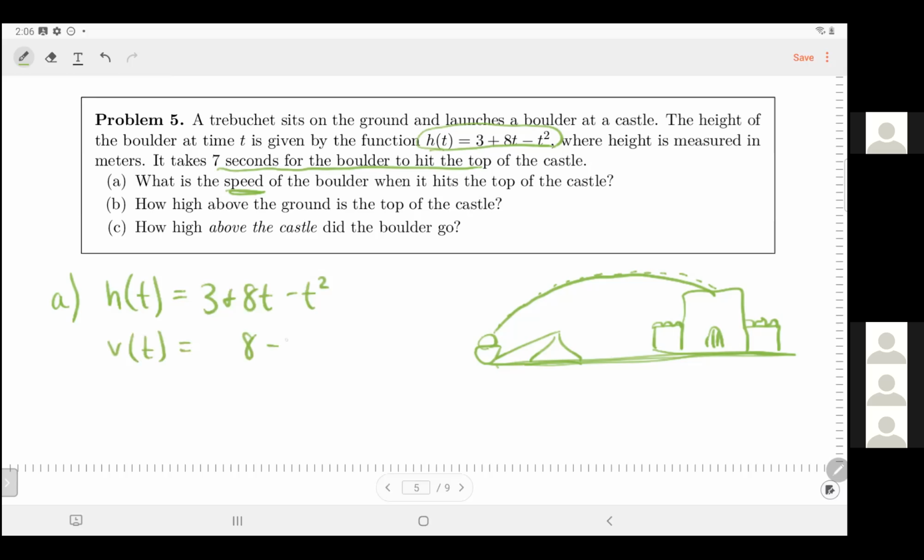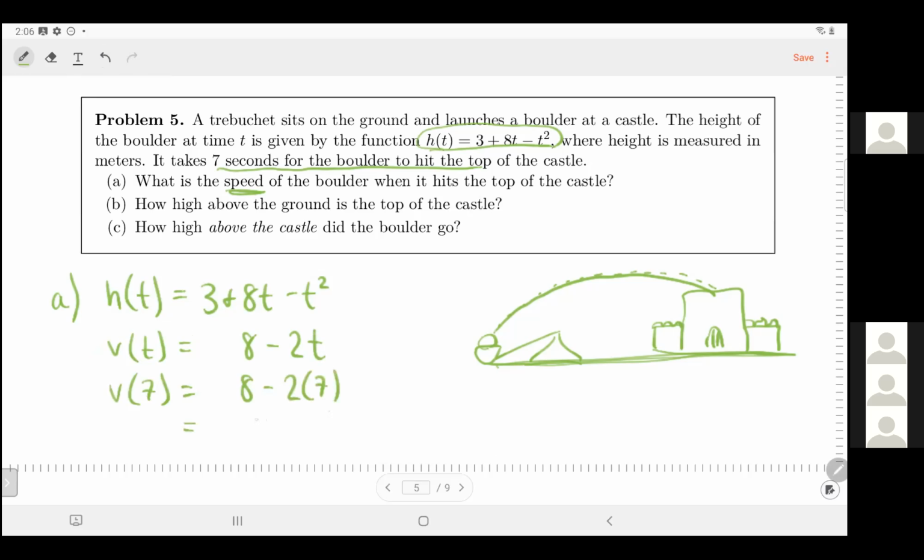Okay, so the derivative is this. And how would I use this to get the speed when it hits the top of the castle? You know that t equals 7, so you would just plug in 7 for t. Cool. Okay, so I get my answer.